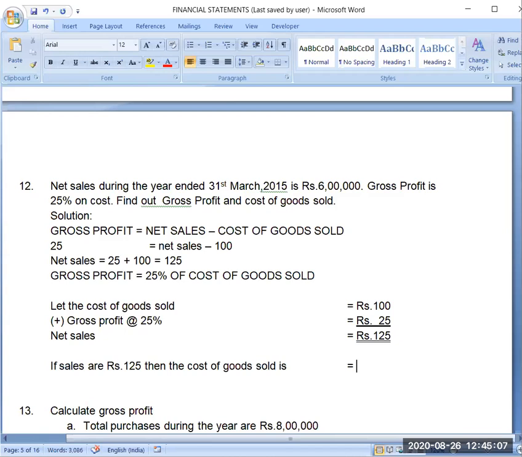Can you tell me? If my sales are rupees 125, then what is the amount of cost?